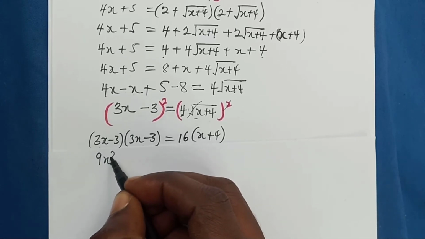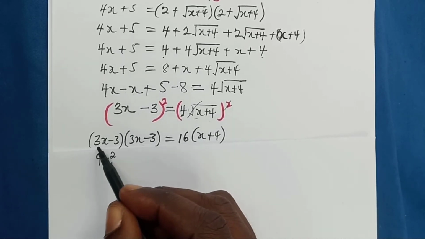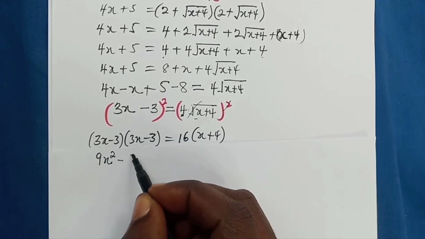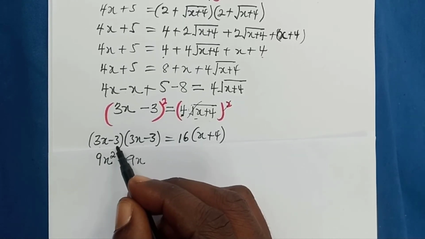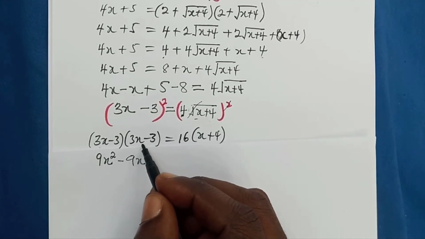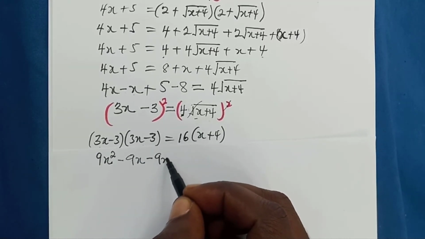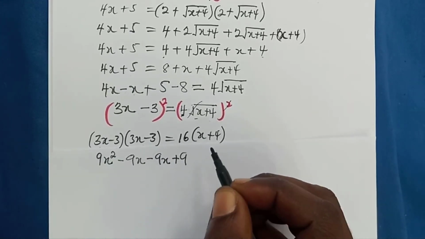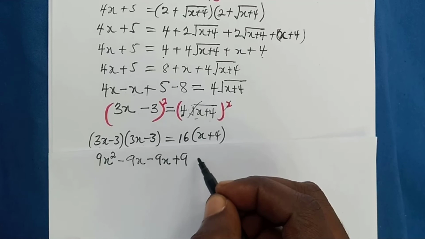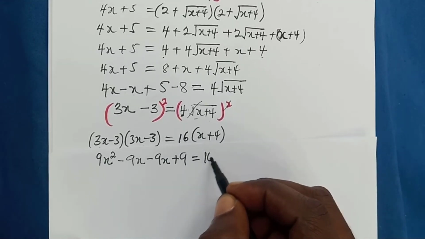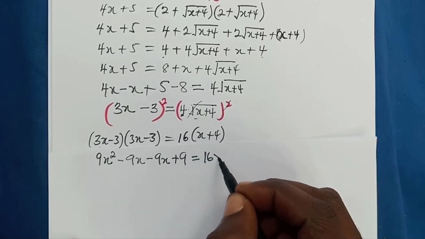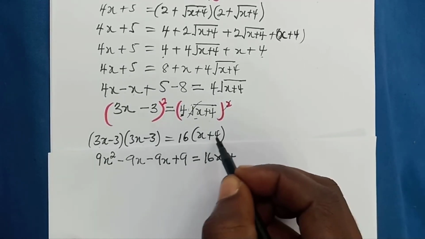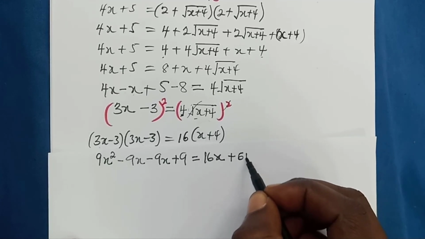All right, so when you come to this side, 3x times 3x will give us 9x squared. And then 3x times negative 3 will give us negative 9x. Negative 3 times 3x will give us negative 9x. And negative 3 times negative 3 will give us positive 9. So this is equal to 16 times x, so we have 16x plus 16 times 4 will give us 64.